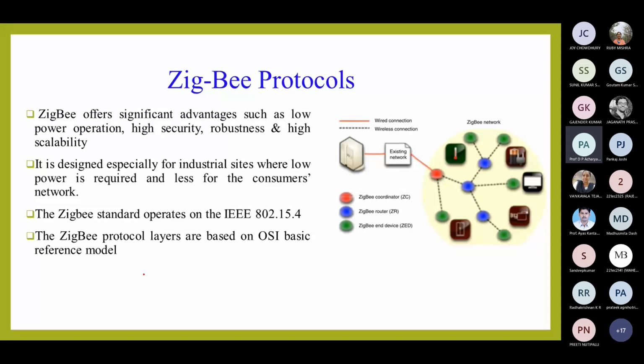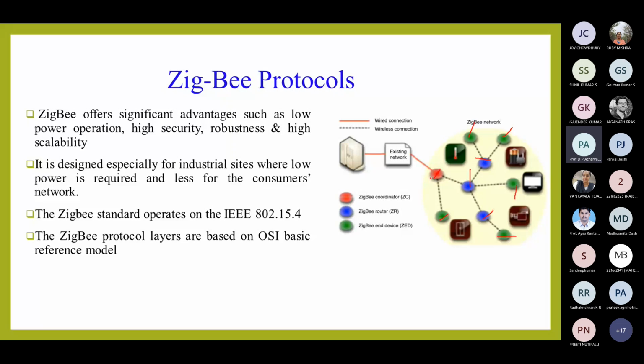In the ZigBee protocol, you can see, you can have a mesh like this. These are all ZigBee nodes you can think of. One ZigBee node, another node, another. So these are different ZigBee nodes, and some of them can be ZigBee coordinators. Some of them are routers. Some of them are ZigBee end devices.